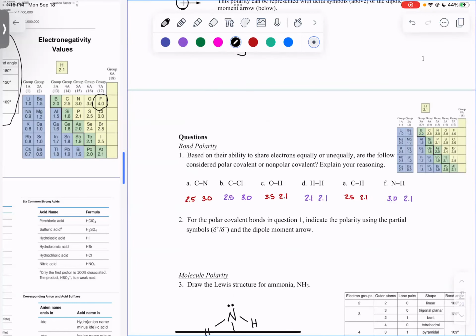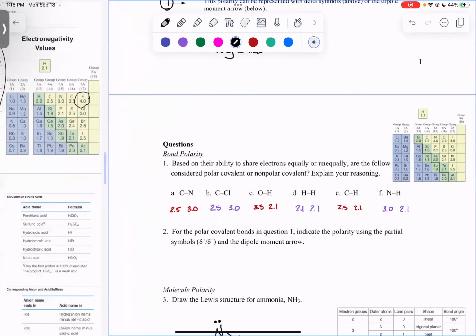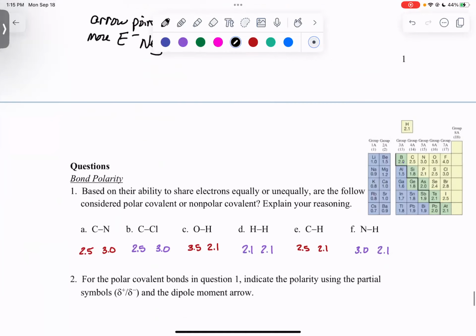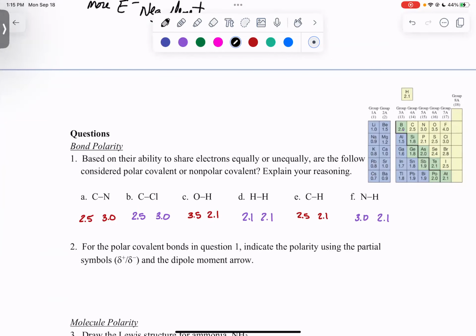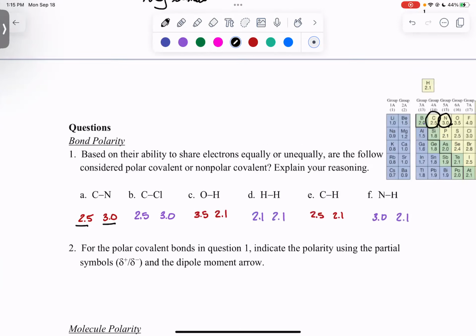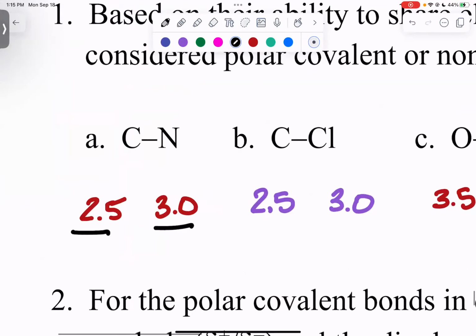Okay, so we're looking at some elements here and we have their bonds. All I did was take this same chart that's in your best friend and post it right here. And I said, okay, carbon is 2.5, so I put 2.5. Nitrogen is 3.0, I put 3.0. I just wanted to see, if I look at each individual atom, is one atom more electronegative than another? Well, sure, nitrogen here is more negative.